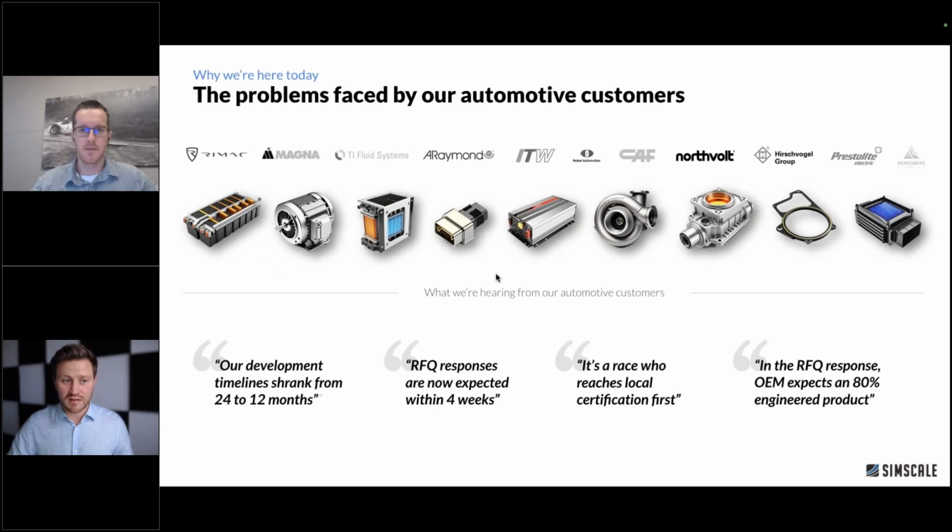So where OEMs may have been providing 4 to 6 months for an RFP response, we're seeing that they're demanding more like 2 to 4 weeks on that response time in the most severe cases. Are you seeing a similar trend in the industry?